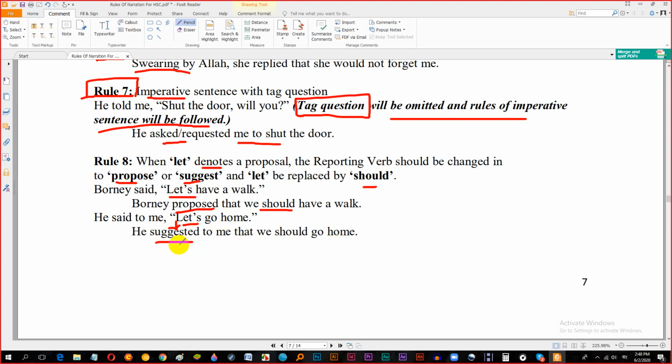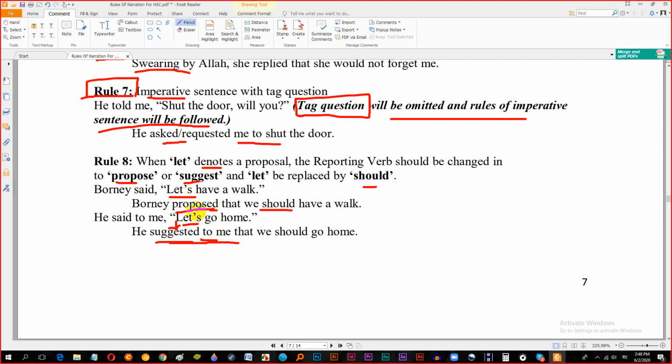But here is one thing: if you use suggested, then you have to use to and an object. But if you use proposed, then you can omit that to, no problem.